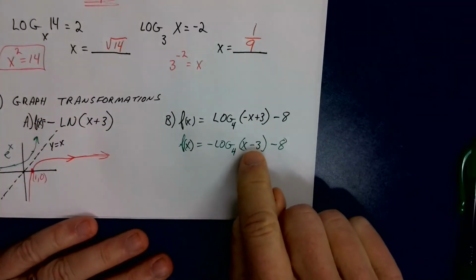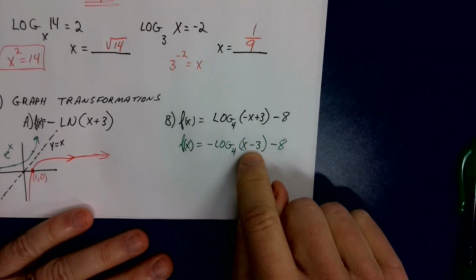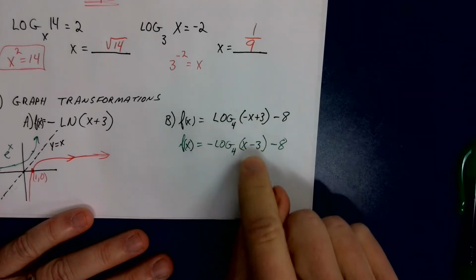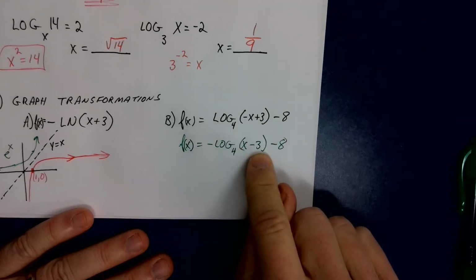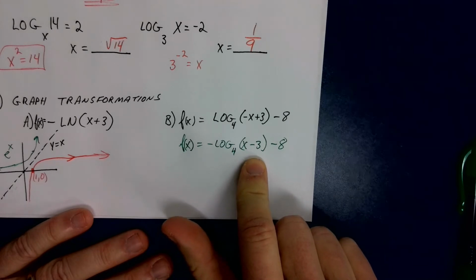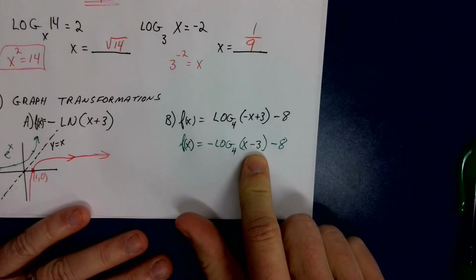So when I pull that negative out of here, because I want to get the equation to be that negative right here, I'm pulling that negative out, and when I pull the negative out of the x, I get an x. When I pull the negative out of a positive 3, I get a negative 3. And now you can see that it actually does move to the right, and then it does that reflection, if you want to think about how you're going to graph it. Okay?